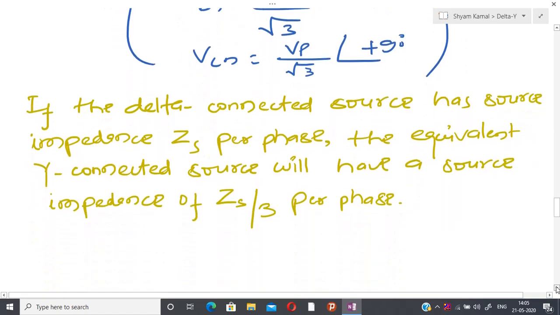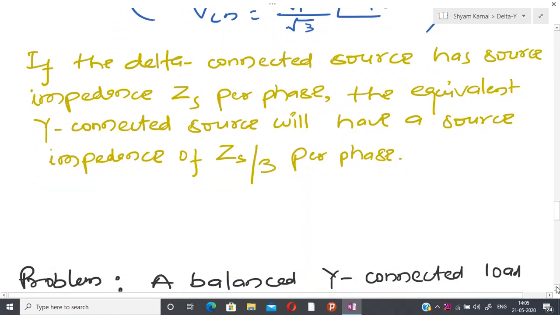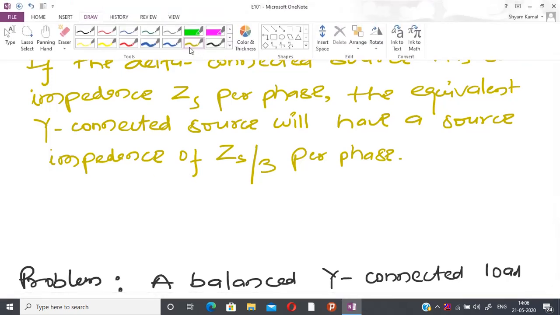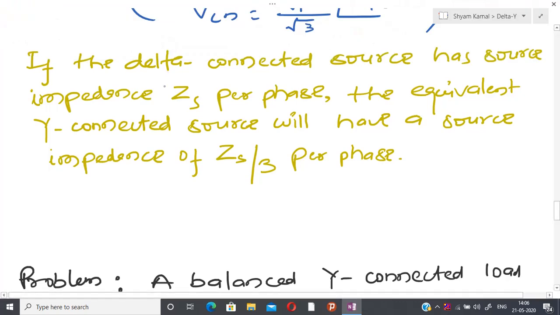So in this way it is possible to convert the delta connected balanced source into a Y connected balanced source, and once the source is transformed, it becomes a YY system, and we have already seen that whenever we have a YY system, it is very easy to analyze.